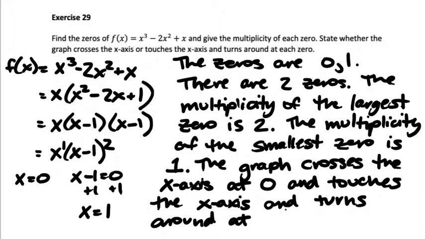Where does the graph touch the x-axis and turn around? Well, that happens at a zero of even multiplicity. 2 is an even number, so the larger zero has even multiplicity. 1 has an even multiplicity, so that means the graph touches the x-axis and turns around there. So it touches the x-axis and turns around at 1.